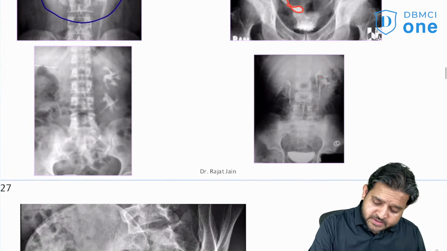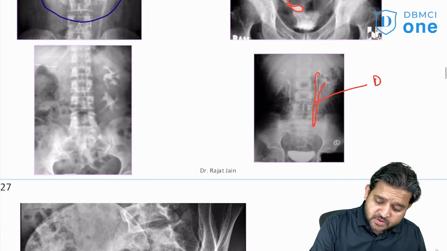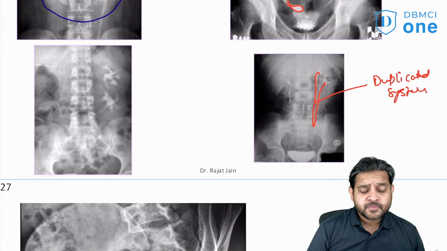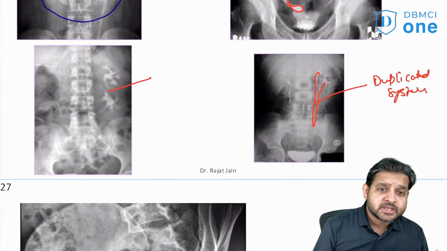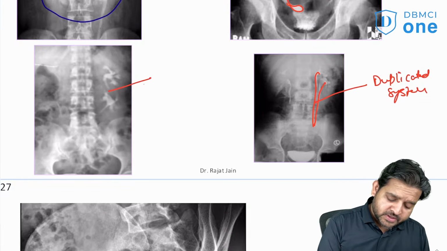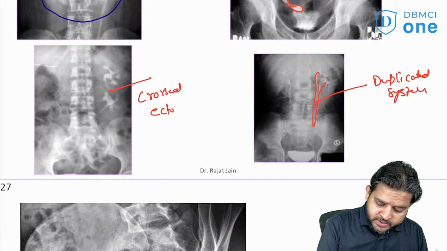Whereas if instead of one ureter I see two ureters, this is what is called as duplicated system. Right? Duplicated system. On the other hand, if the two kidneys appear to be on the same side and I don't see any kidney on the other side, then what is this called as? This is called as crossed ectopic kidney.